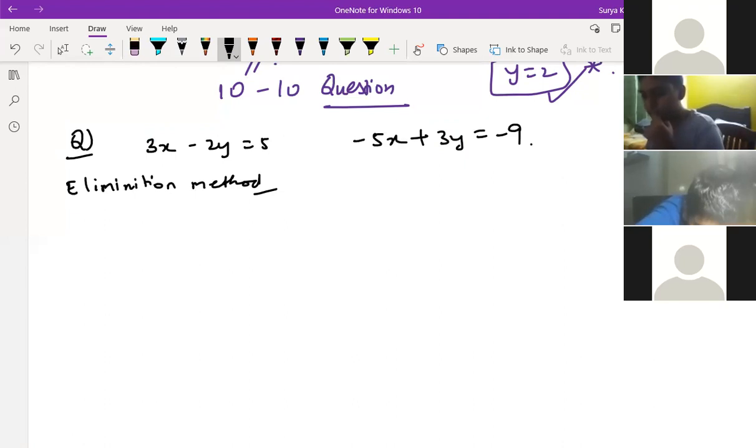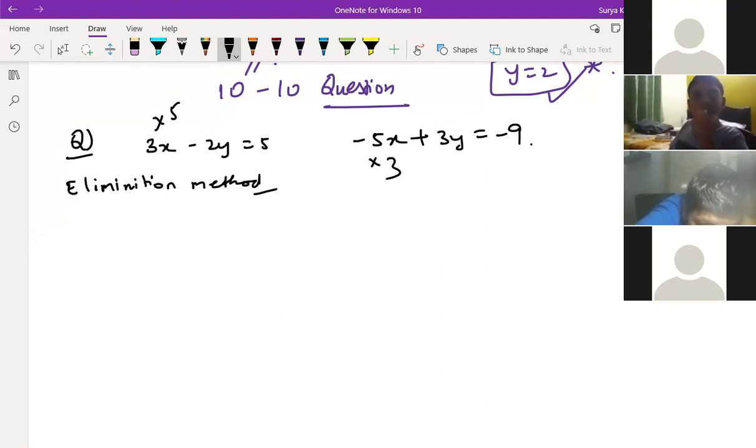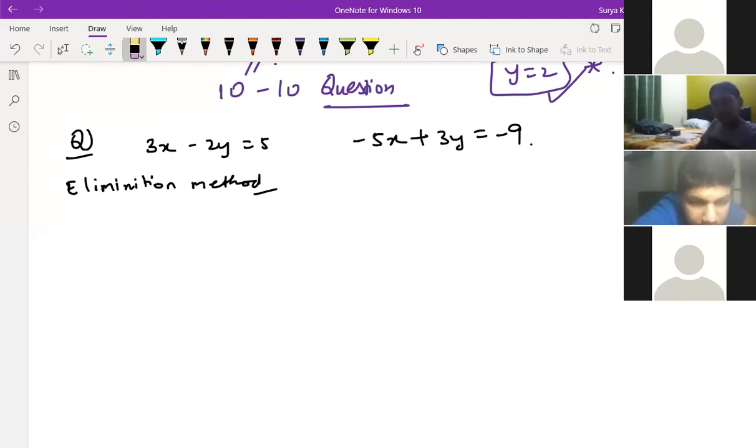So it means we can take 3x into 5 is equal to 15x, sir. And into minus 5, 5x into 3 is 15. Yes, sir. But what do we need to do now? Sir, we can write 3x as 8x minus 5x, no?